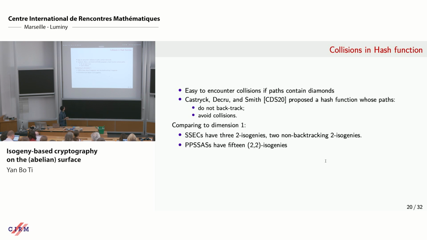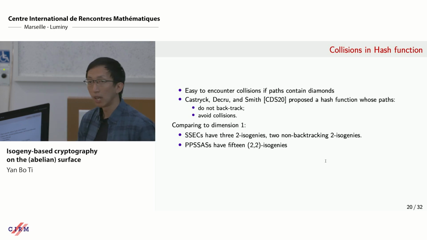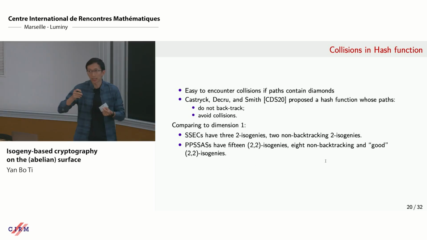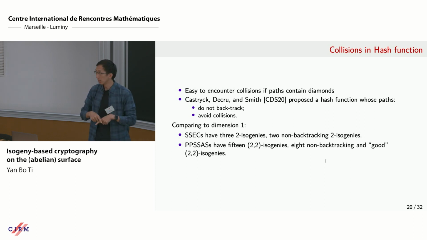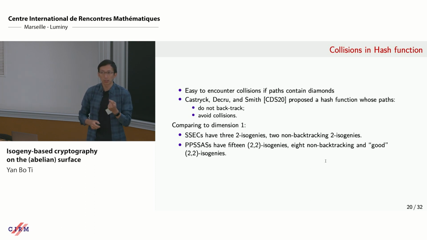The answer is that in principally polarized supersingular abelian surfaces, you have 15 (2,2)-isogenies, and you actually have 8 of them that are non-backtracking, and they have good extension. Good means you avoid collisions or the diamonds. So at each step, you're able to process 3 bits of information instead of 1.